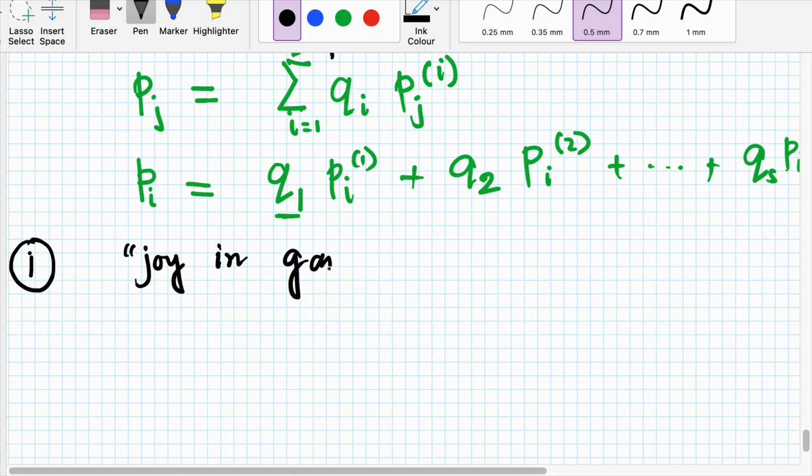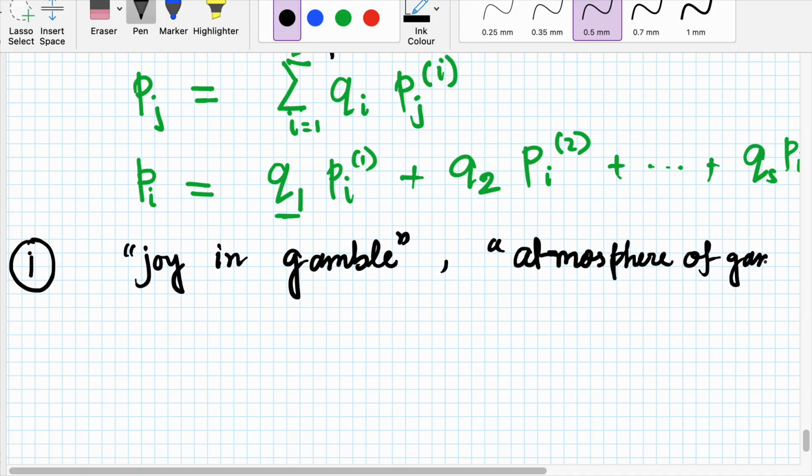Some people get joy in gamble and also feel thrill in the atmosphere of the game, and also the pleasure of suspense.